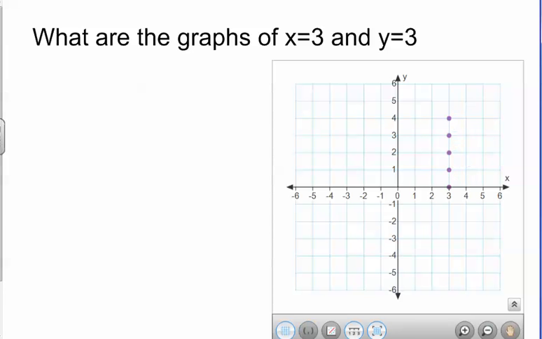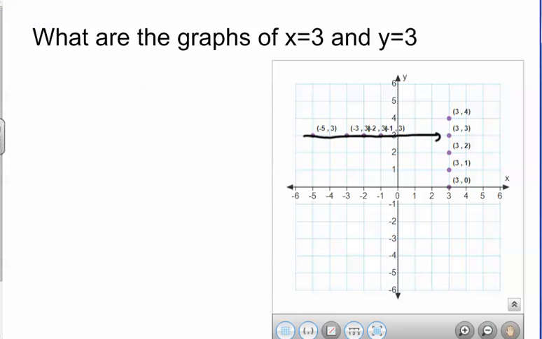So if you go to y equals 3, just put dots anywhere where y is 3. You can see that that makes a horizontal line all the way through it.